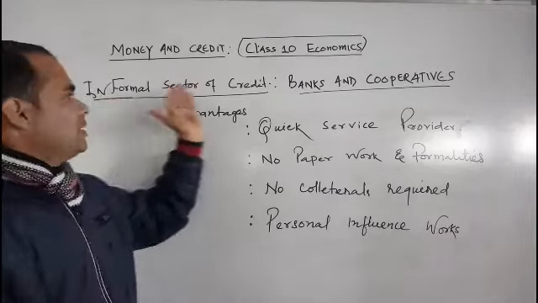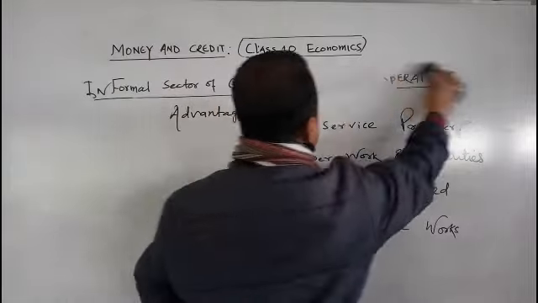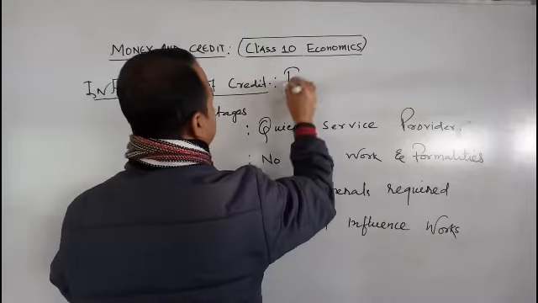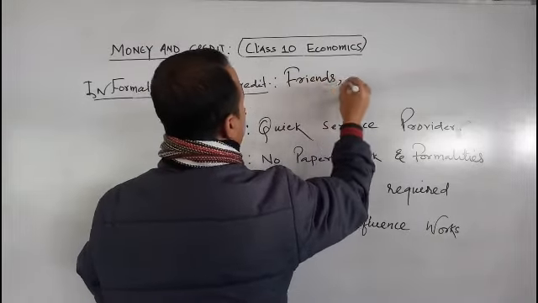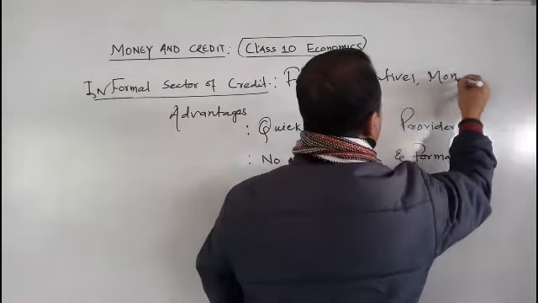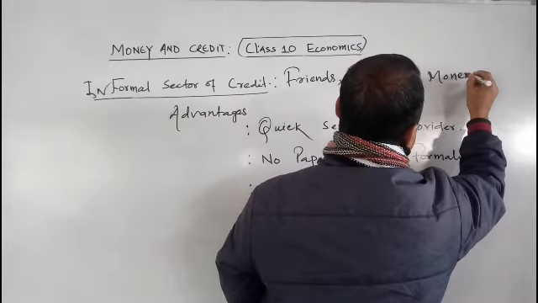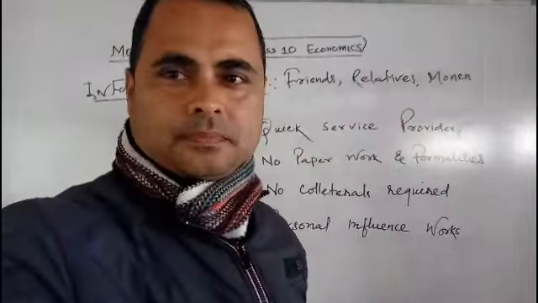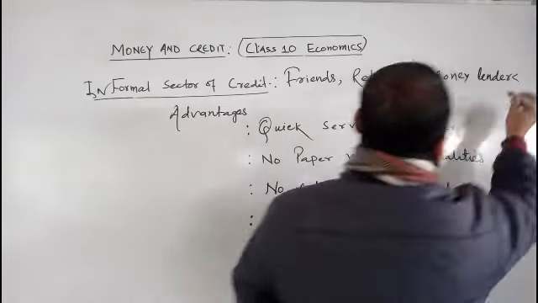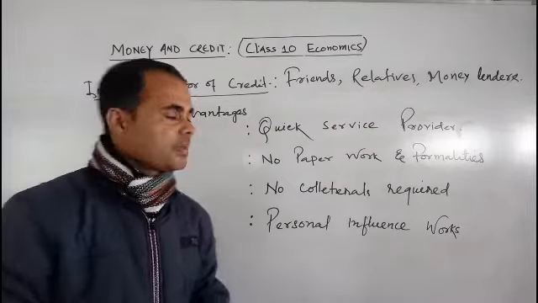What all comes in informal sources of credit? Friends, relatives, money lenders, they all come in informal sources of credit, right?